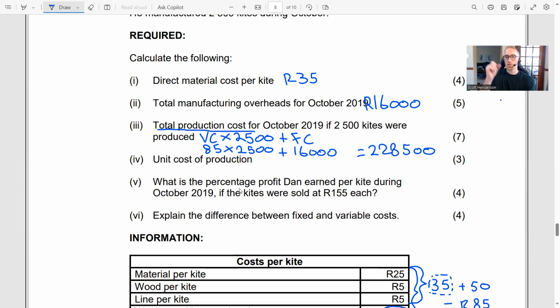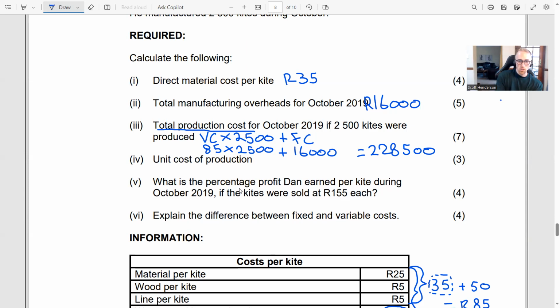The total production cost. That is all of our fixed costs plus all of our variable costs. That is the variable cost per unit multiplied by the number of units produced. And all that cost together is our total production cost. What is the unit cost of production?